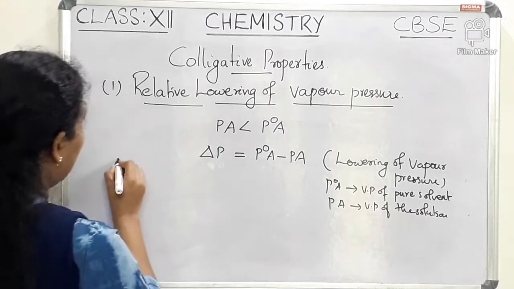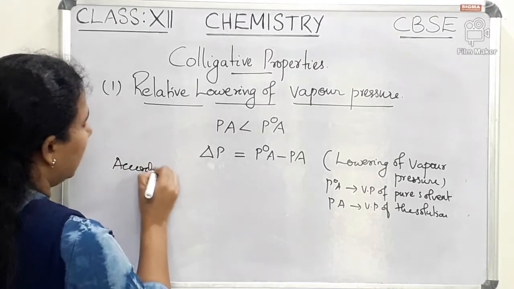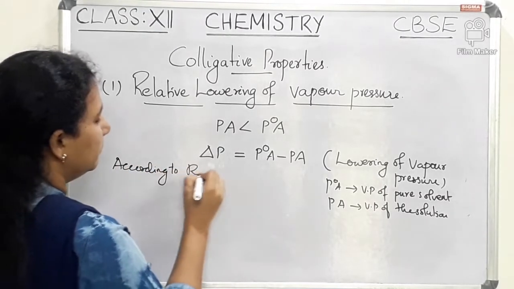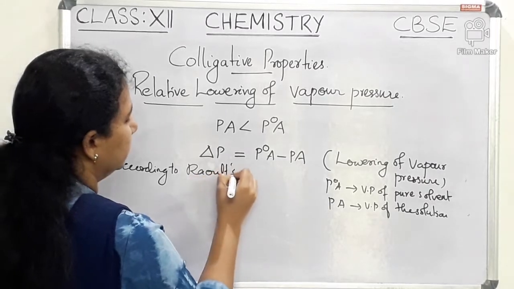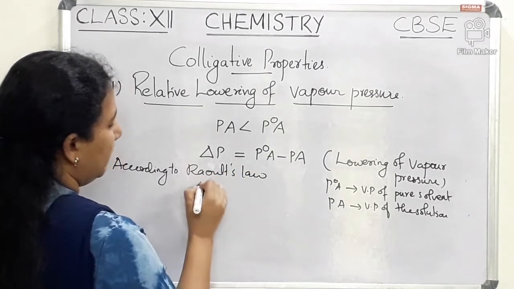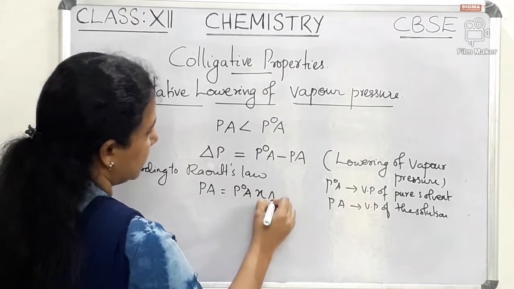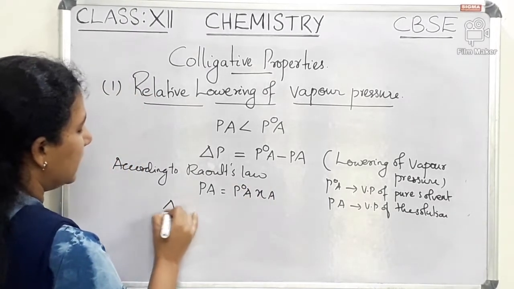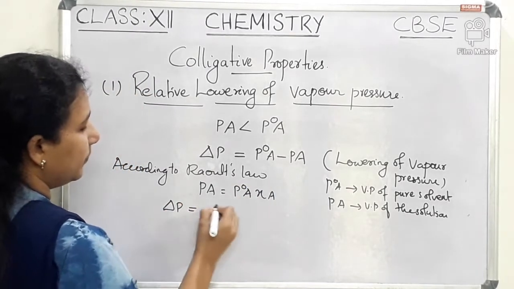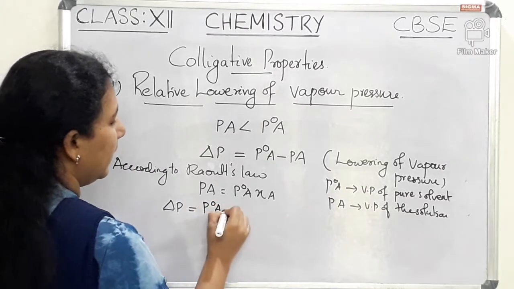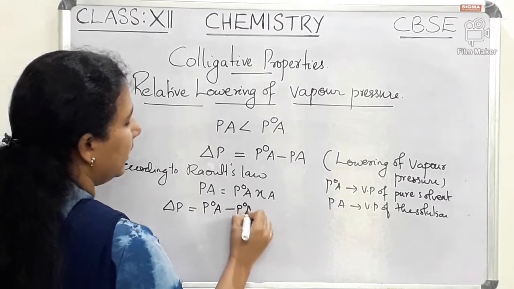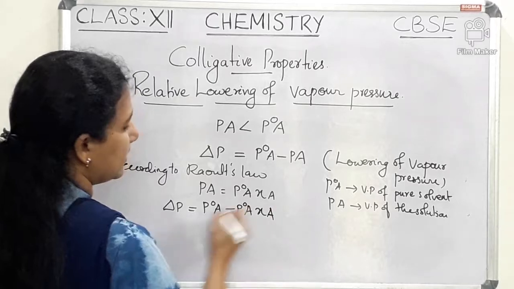Then according to Raoult's law, PA is equal to P0A XA. Therefore, delta P is equal to P0A minus P0A XA.